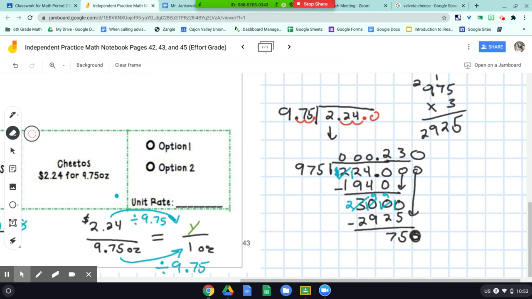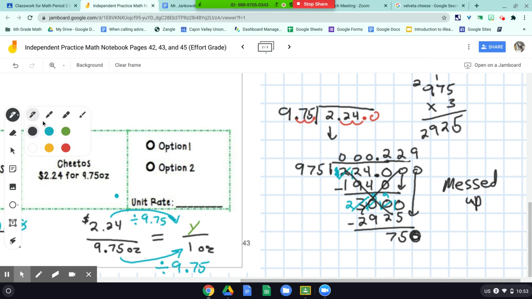So this is what my calculator gave me. 2 and 29 hundredths, or 229 hundredths. Somewhere along the way, this got messed up. And that happens. But in the interest of saving time, I checked it with my calculator and something got messed up. But that's okay. We double checked our answer.